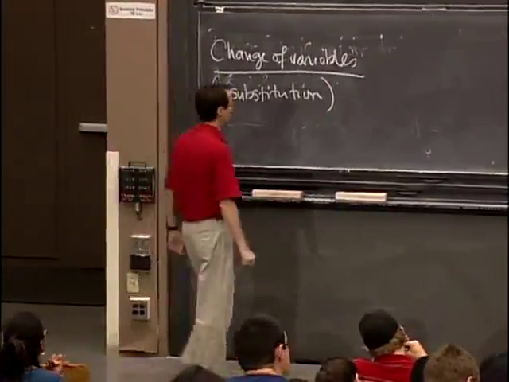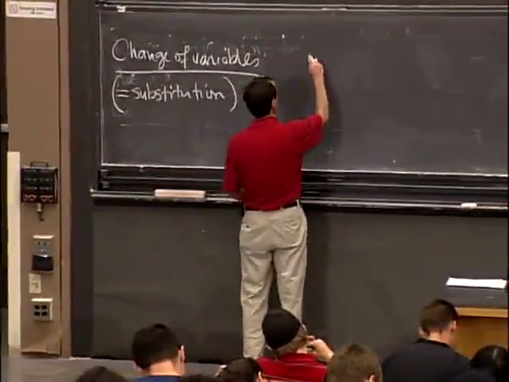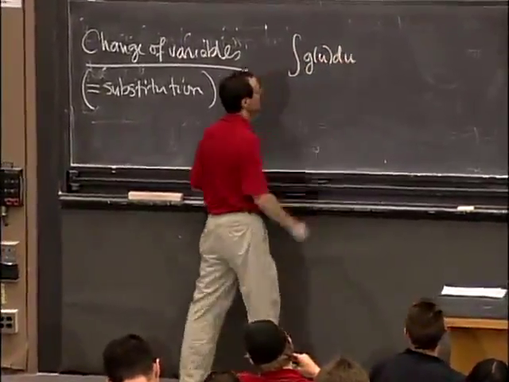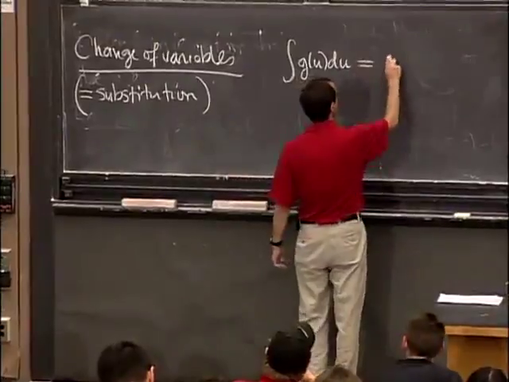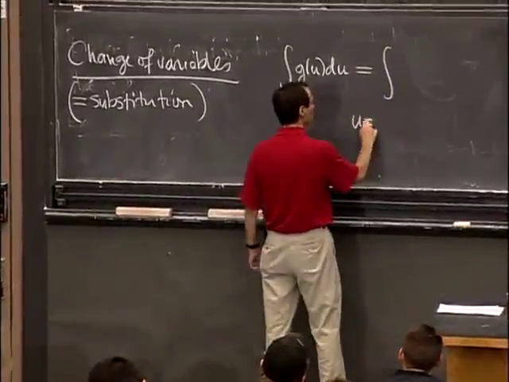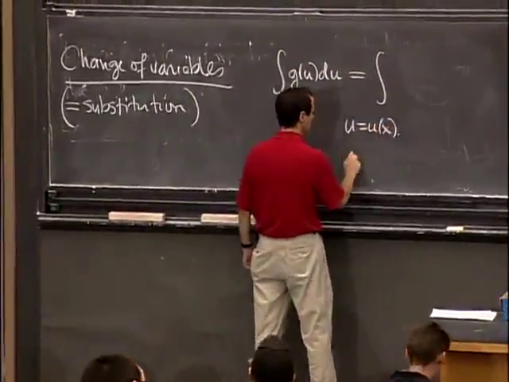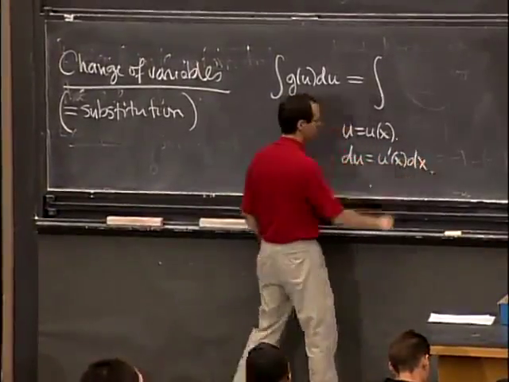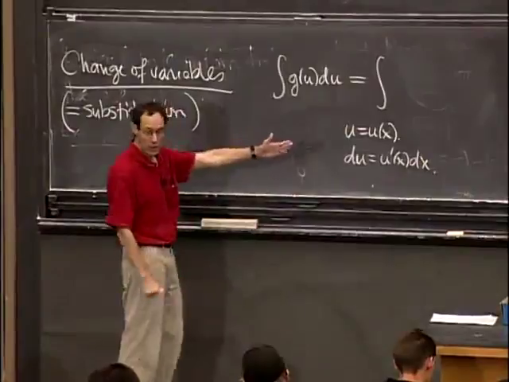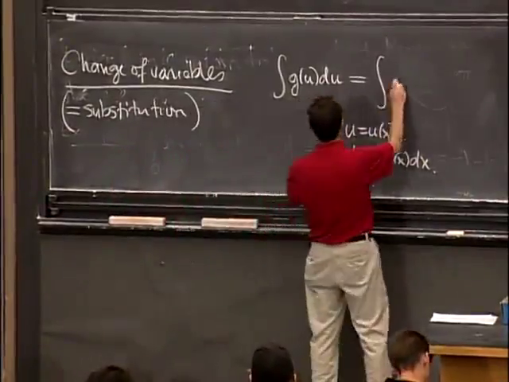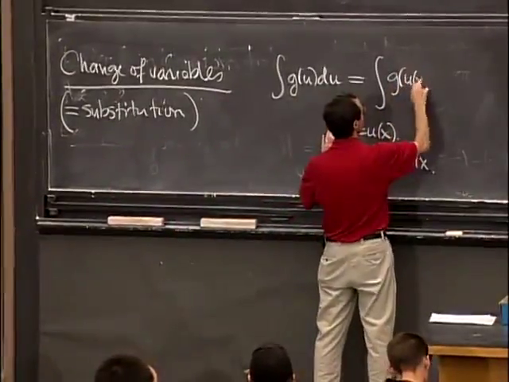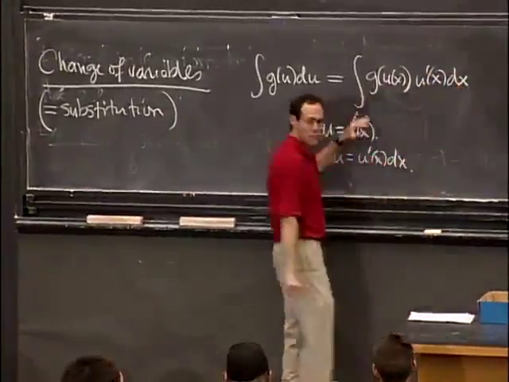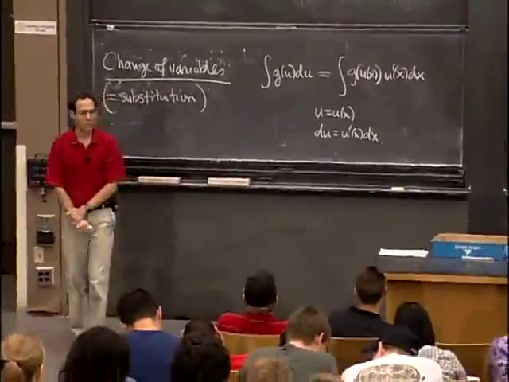The idea here, if you may remember, was that if you're faced with an integral like this, you can change it: if you put in u equals u of x, and you have du equal to u prime of x dx, then you can change the integral as follows. This is the same as g of u of x, u prime of x dx. This was the general procedure for substitution.